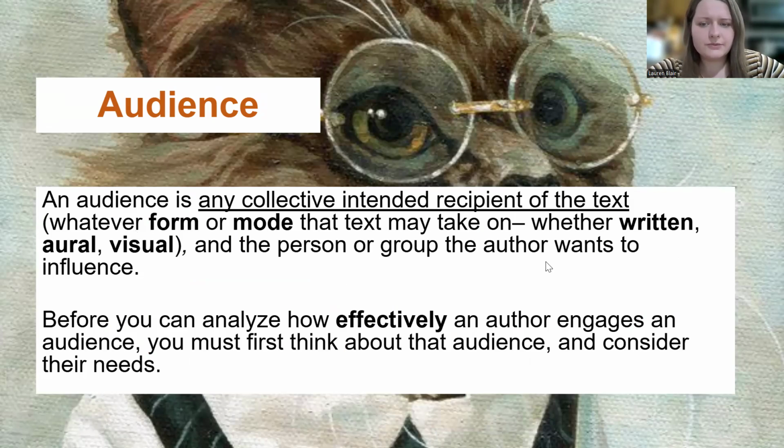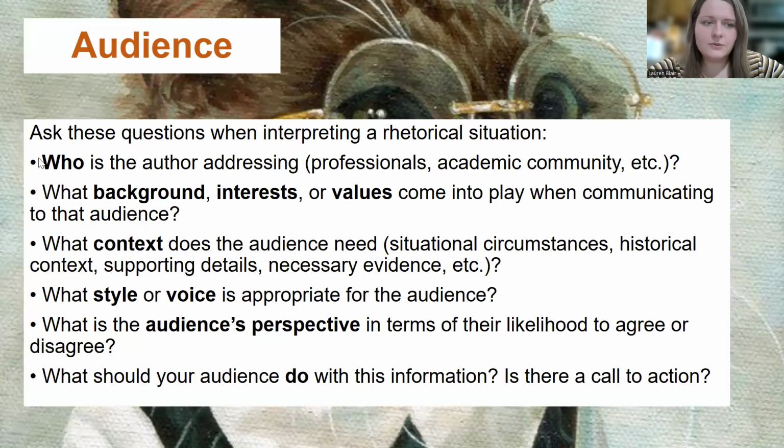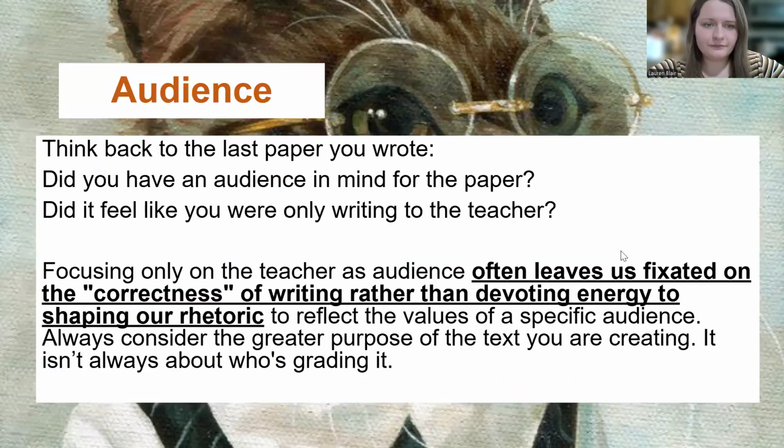It's the person or group that the author wants to influence with the message. Before you can analyze how effectively an author engages an audience, you have to think about that audience's needs. You want to ask who the author is addressing, the background, interests, or values that come into play, the context, style, voice, the audience's perspective, and what the audience should do with the information. Is there a call to action, for example?